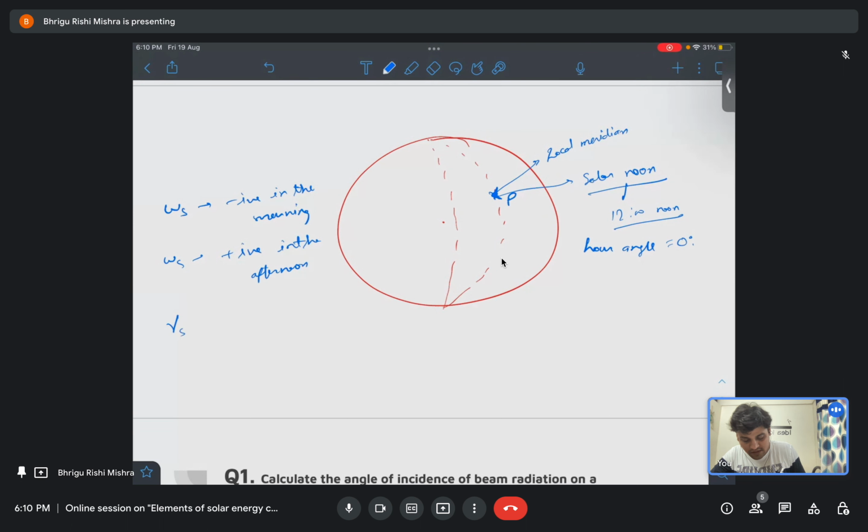Similarly, the solar azimuth angle is positive in the west, and negative in the east. Not gamma s, here we are using AZ, that is solar azimuth angle.